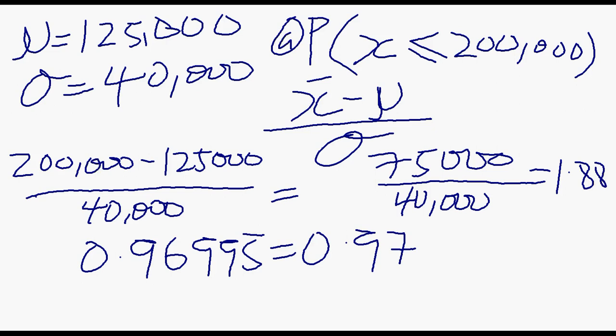The probability that the copier will make at least 200,000 copies before breaking down. But if it's at most, it could be less than or equal to.